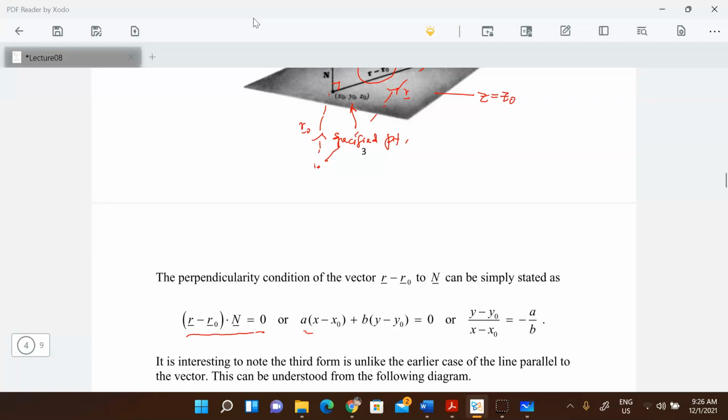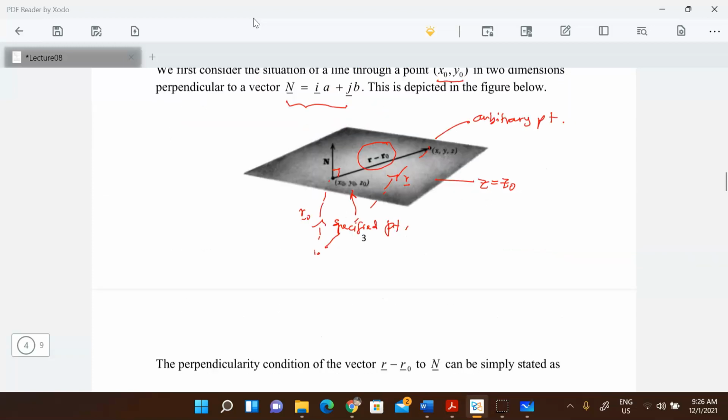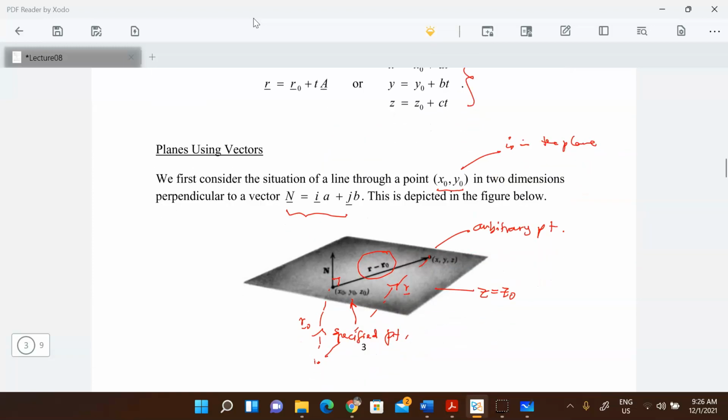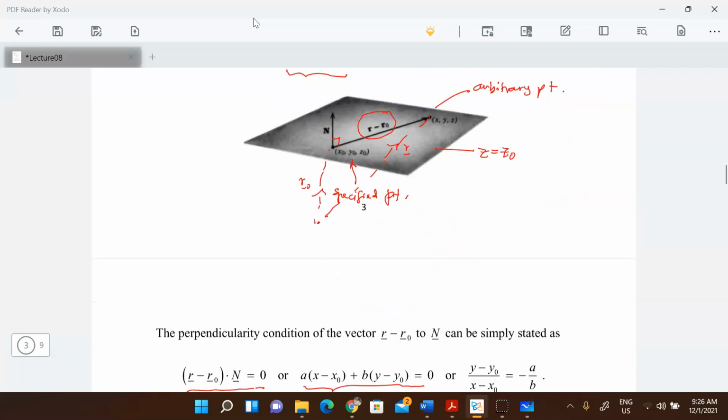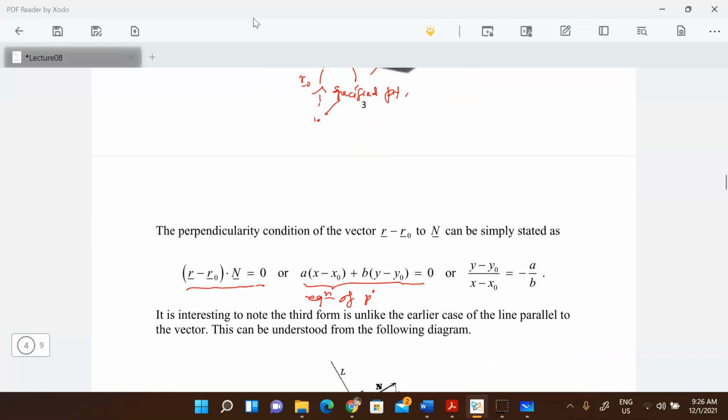So this would be the equation of the plane, which you have probably seen before.